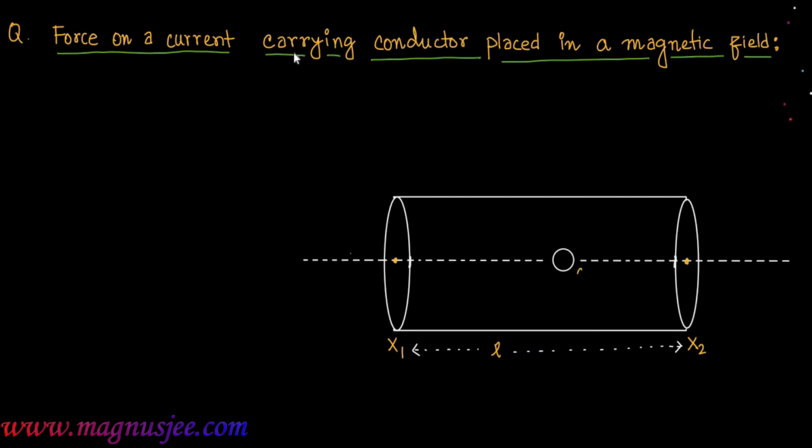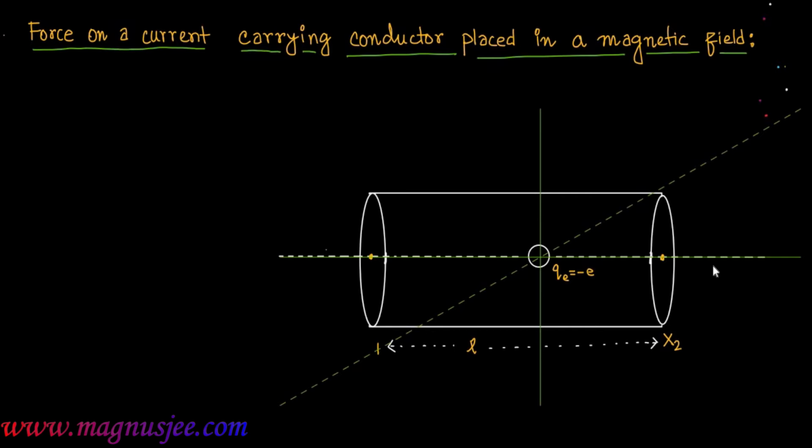And here we can denote a free electron of charge q_e equal to minus e, which is situated on the axis of the cylindrical wire, and we can denote three-dimensional axes, X, Y, and Z axis.